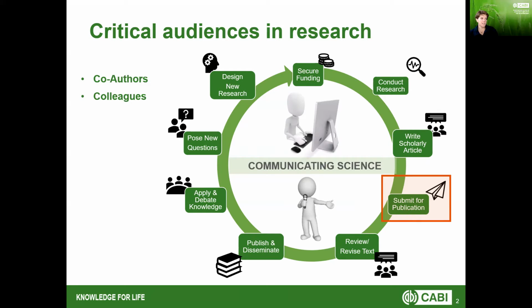So, of course, you need to think about your co-authors and your colleagues when you're preparing that final manuscript and all the materials. But you'll also need to think about the institution that you're in.